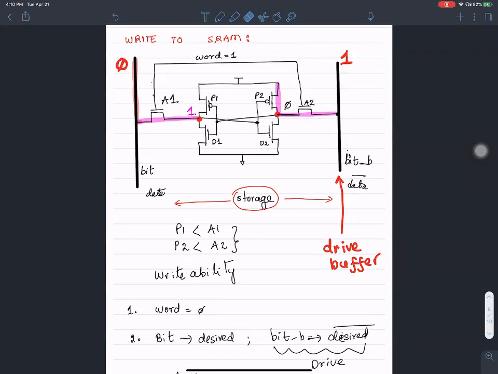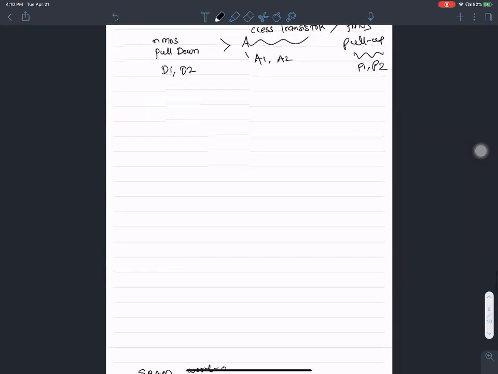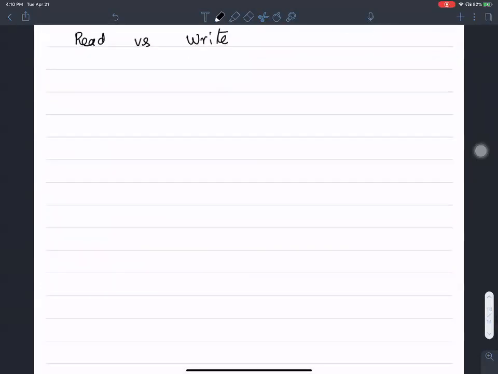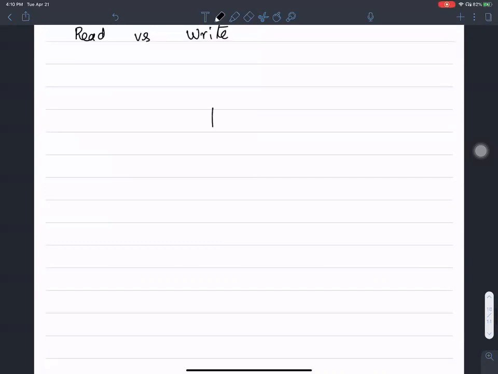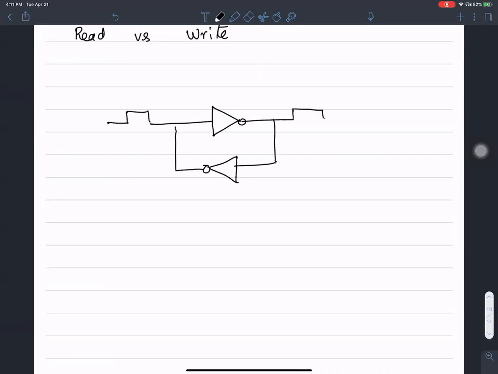Yeah. So really what happens is, let me draw this. Read versus write. There are control signals that assert whether you want to read or write. But at the base core level, at the cell level, this is what is going to happen. Lillian, it was you who had this nice question, right?